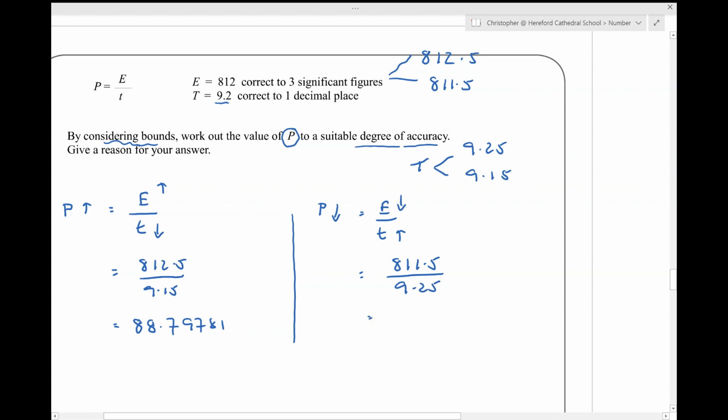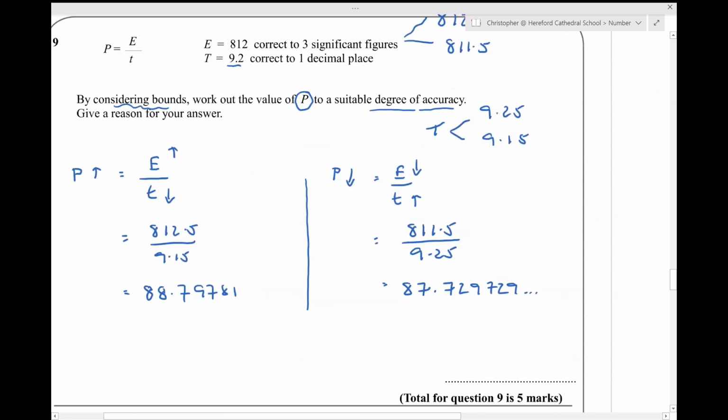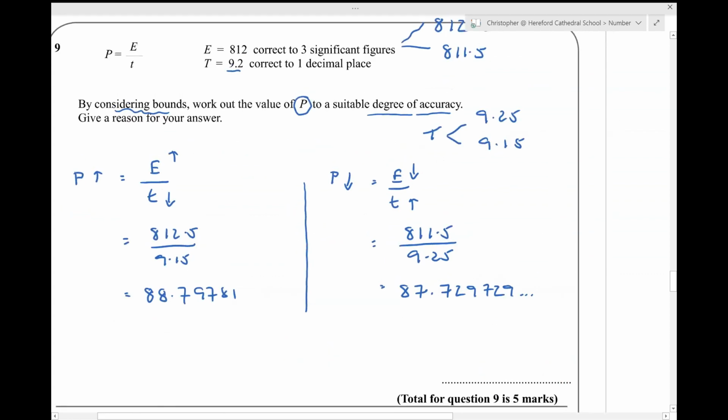Right, 811.5 divided by 9.25, that gives me 87.729729, and so on. Okay, so we've worked out the upper bound of the value of P on the left and the lower bound of the value of P on the right.